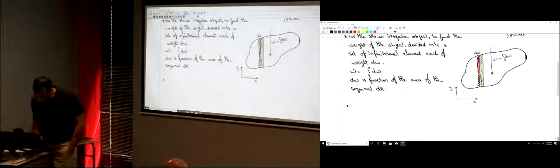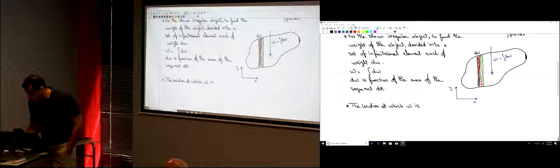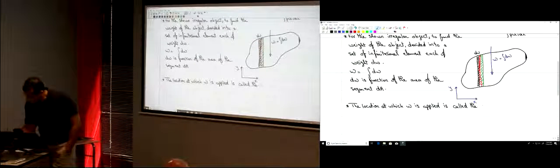Now the location at which W is applied is called the center of gravity.